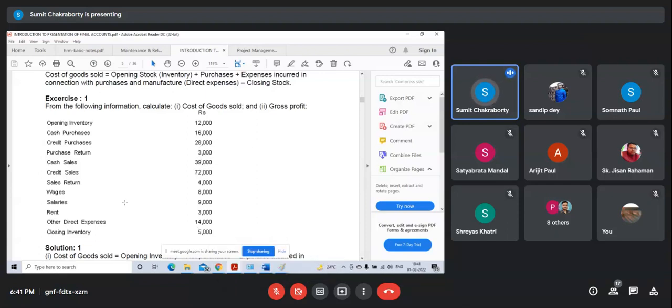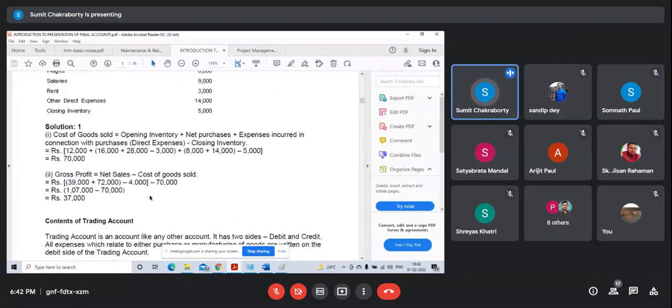Only the item that will not be included in the trading account is the salaries. Wages are included, wages and salaries together under the heading wages and salaries. But the heading salaries itself is not included.